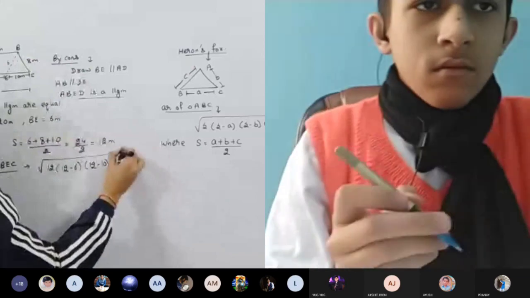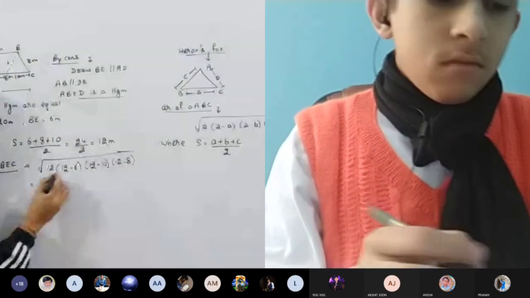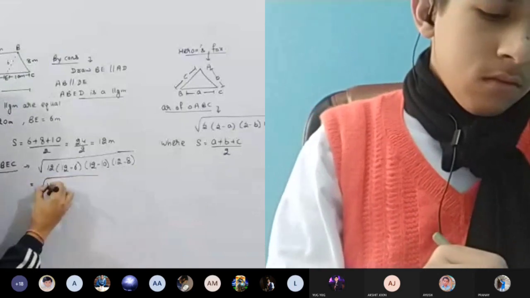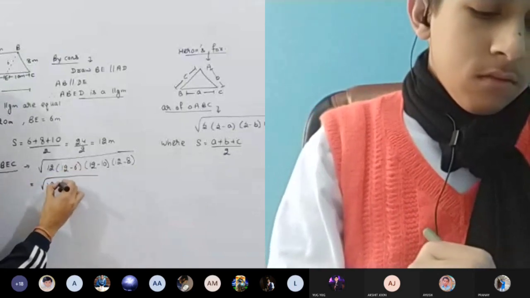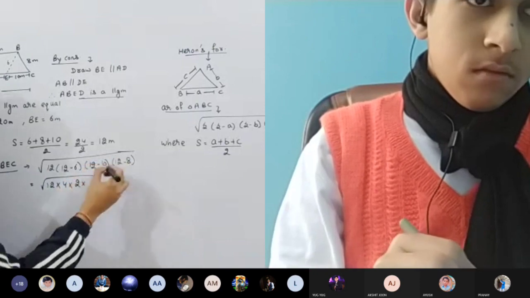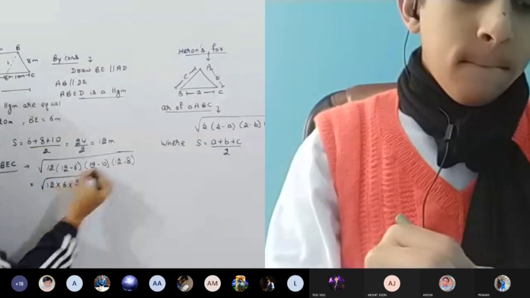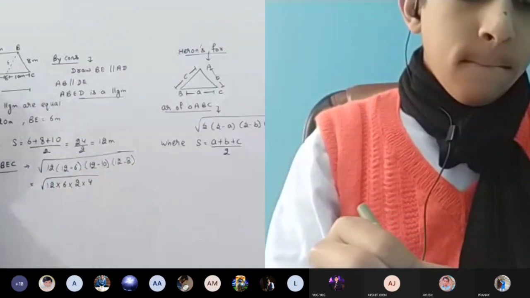I can find it out like this. So this will be what? Root 12 into 6, into 2, into 4.